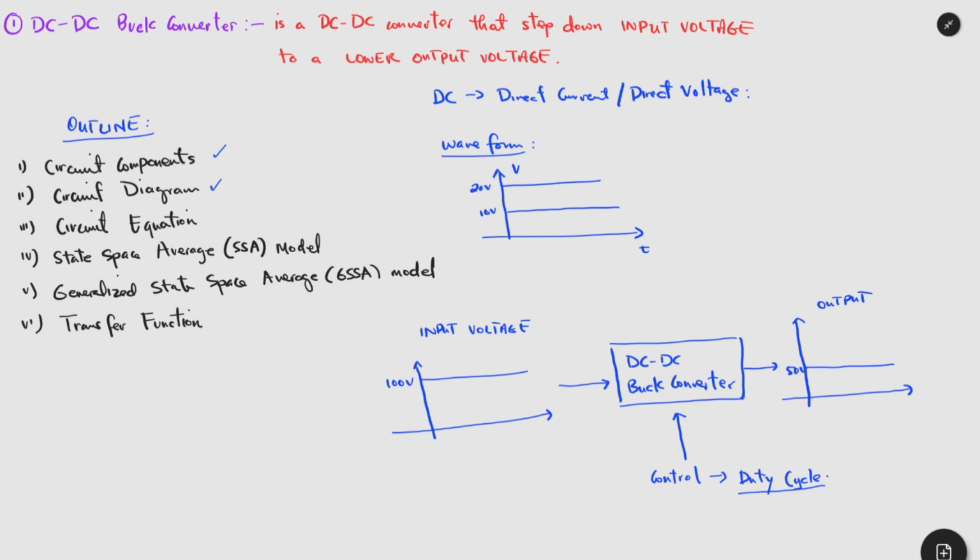And we will look at the circuit equations of a buck converter in terms of the on state and the off state. We will look at the state space averaging model in continuous conduction mode, and the generalized state space averaging model.